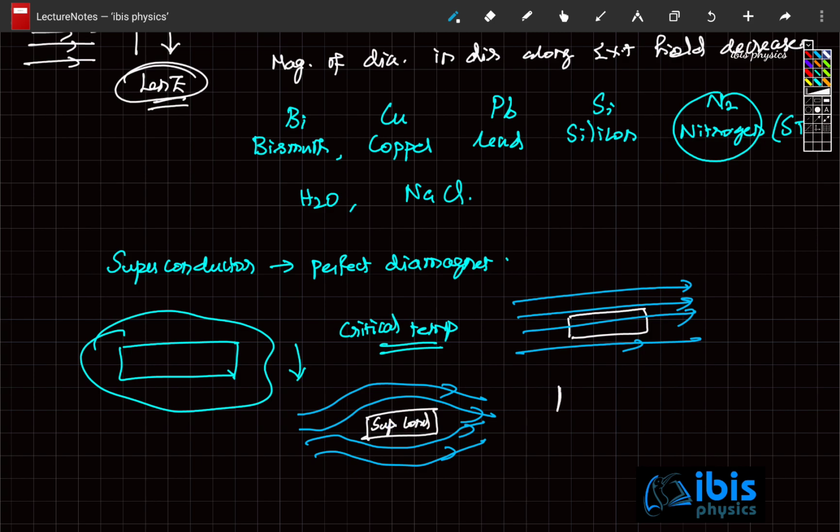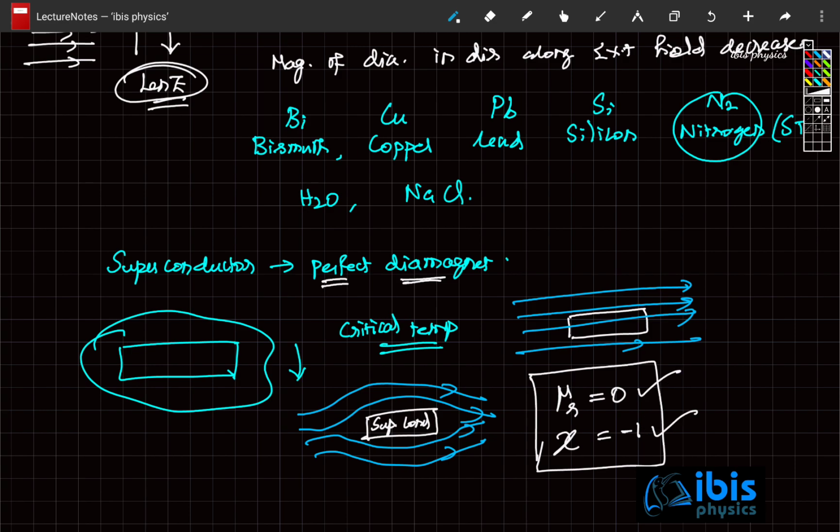The relative permeability of a superconductor is 0 because the chi value of a superconductor is -1. Superconductor is a perfect or ideal diamagnet whose relative permeability is 0 and susceptibility is exactly -1.